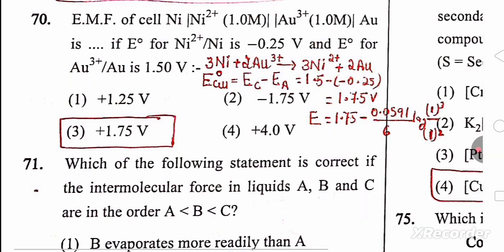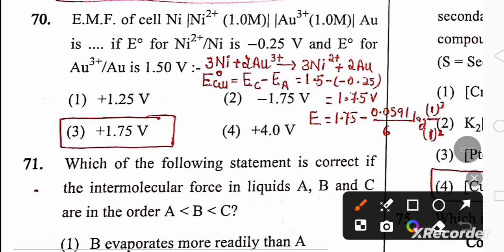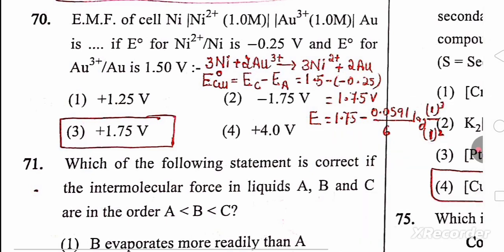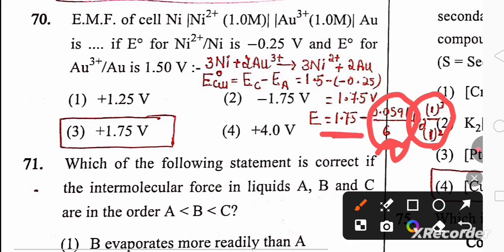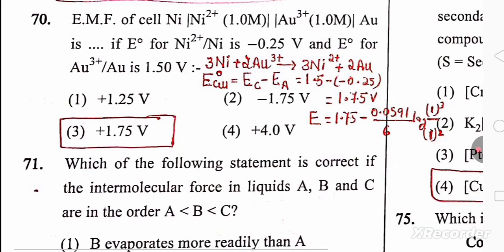So here we will get log 1 and log 1 value is 0. 0 into this value is 0 only. So 1.75 volt is the right answer. So children, after substitution for log value, when you calculate, you will get log 1 and log 1 value is 0. 0 multiplied by this value is 0. 1.75 minus 0 is 1.75 volts only. So answer is 1.75 volts.